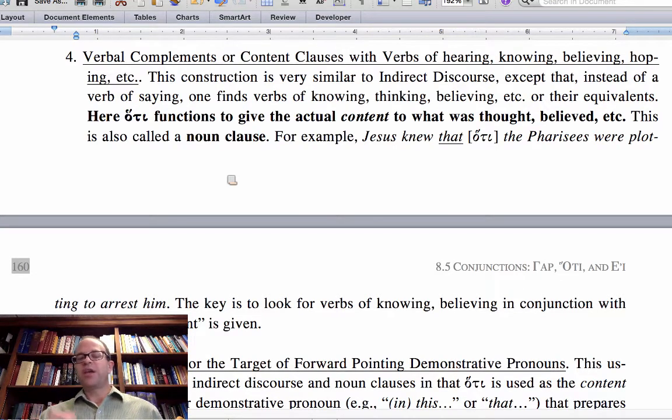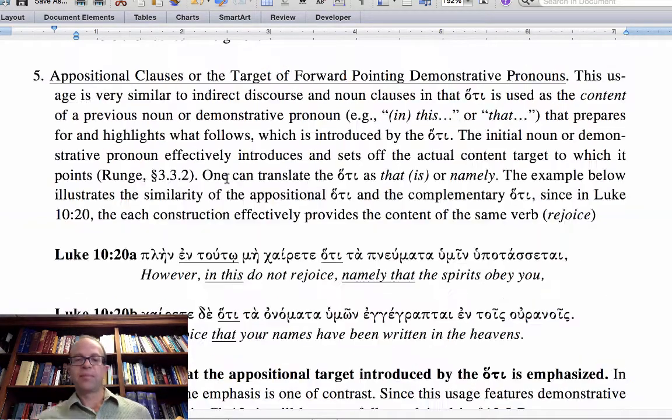That is, it gives the content of what that verb is hoping or knowing, like I know that or I hope that. So hoti can function as what's called the content clause for special verbs of knowing, hearing, and believing.